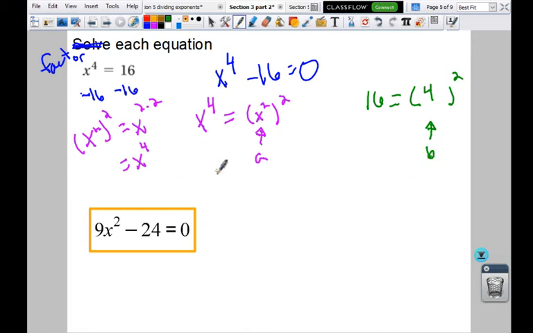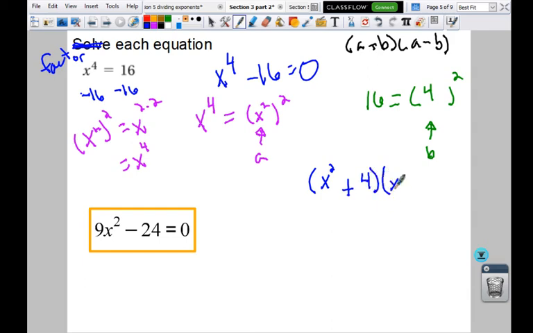So, my difference of squares, I'm just going to rewrite it so I can see it. It is a plus b, a minus b. Everywhere I see an a, I'm going to replace it with x squared. Everywhere I see a b, I'm going to replace it with 4. So when I factor, I'm going to have x squared instead of a, plus 4 instead of b.